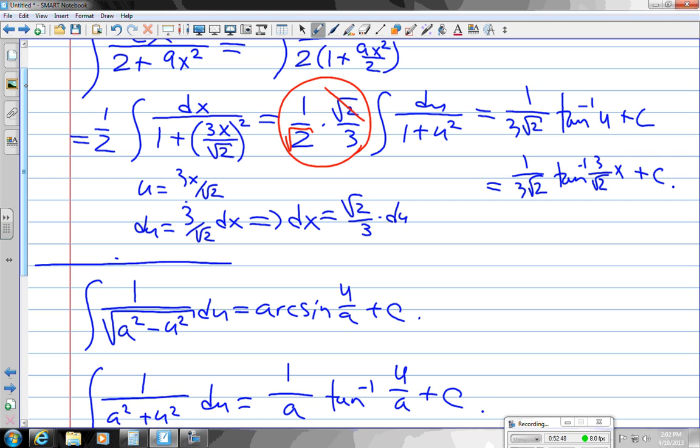So this says 3x over a, so here's our 3x over the square root of 2. The only extra thing that we have in our answer is that 3. And 3 comes out as the derivative of u, because the derivative of u is 3, so you need to kill that. So that's 1/3. The 1/3 will come out if you do the proper u substitution. Okay?